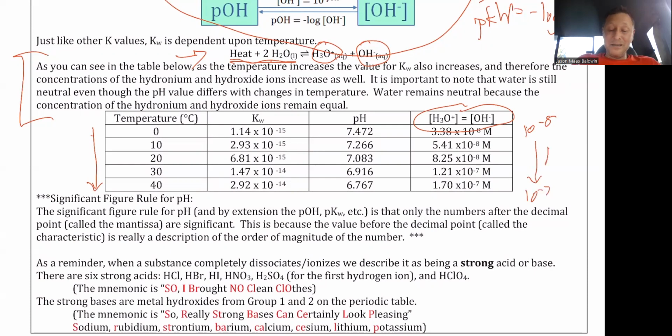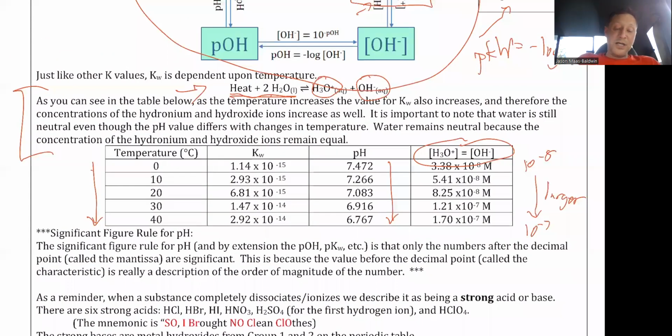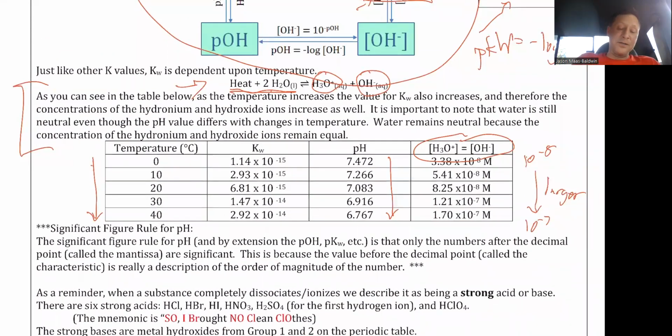So that means it's getting larger, right? So there's more H3O plus and OH minus, which means the pH is getting smaller, since it's the negative log of the hydrogen ion concentration. And that means Kw also changes, because it's just the product of the hydronium and the hydroxide ion concentration.